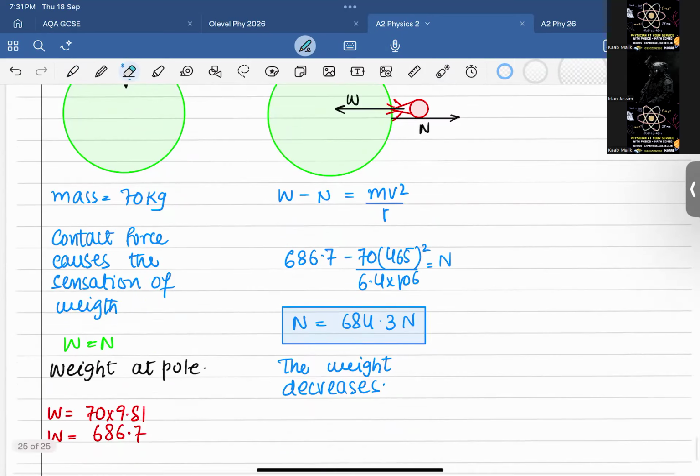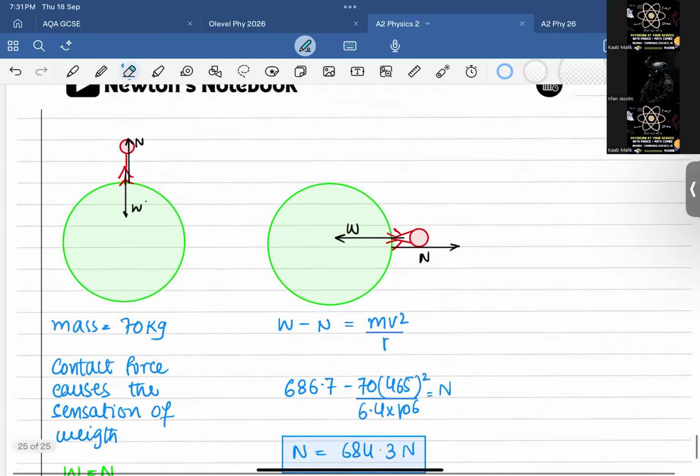So that basically means if you're traveling somewhere, your weight will change. Yes, but it depends if you travel from the equator to the poles.